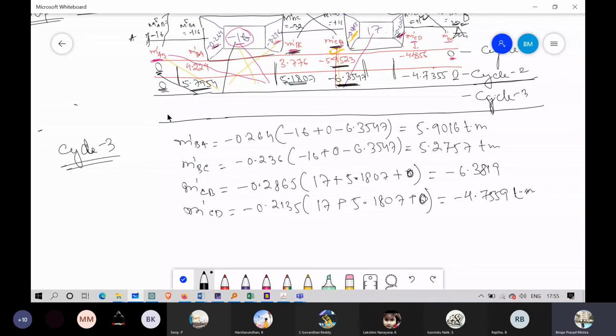These four values we will write. This will be 0, this will be 5.9016, this is 5.2757, this is minus 6.3819, this is minus 4.7559, this is 0.